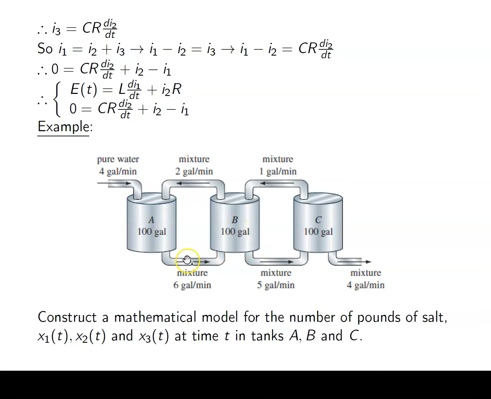For this one, n is going to be 6 times whatever was in here, which is x1, and then whatever was in here, so plus x3 over 100. Then minus what's out.